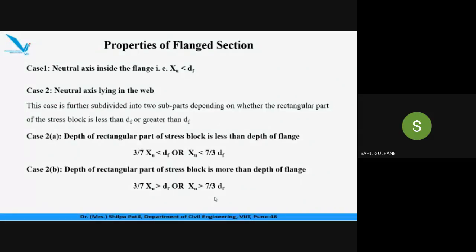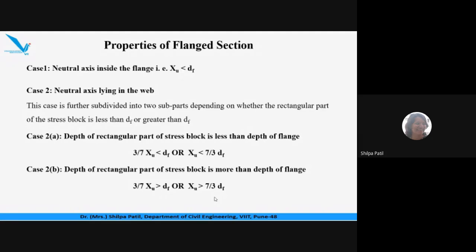Directly proportional. It is directly proportional to Xu. Correct. So if Xu goes on increasing, our Mur value will also go on increasing. So to increase further the Mur, we have to increase the depth of neutral axis. This is the indication when our Mu1 comes less than Mu, that is the bending moment acting on the flange.